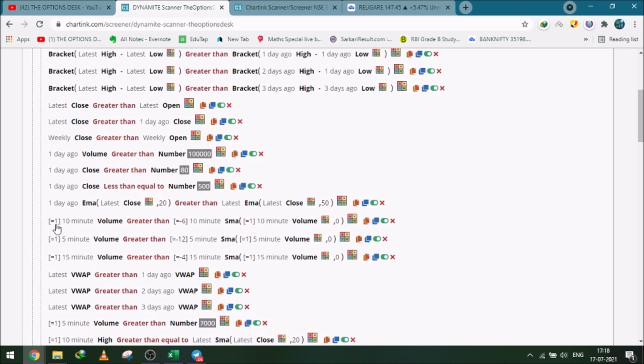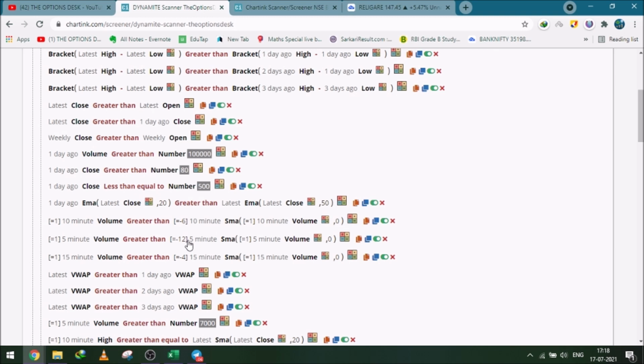Now let's see. For the 1 minute, the first 10-minute volume is greater than the last 60 minutes volume, 10 into 6, and the SMA, the average of these volumes, is greater than the first 10 minutes volume. Now it goes for the 5 minutes. The first 5-minute volume is also greater than the last 1 hour volume SMA. Let's say the 1 hour volume came to around 60 for the past 1 hour.